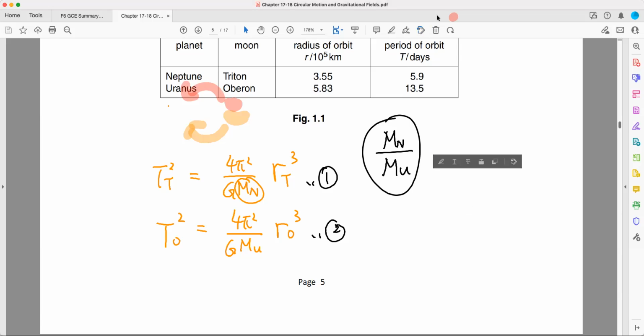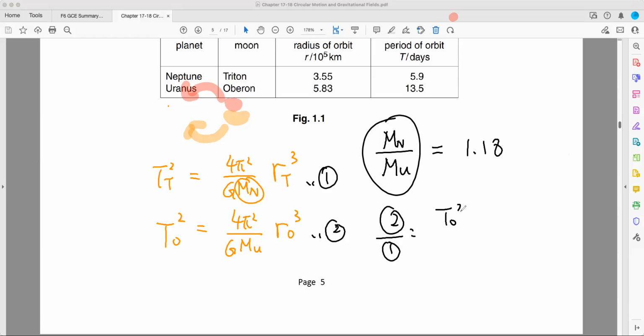Yeah, we can put that. So the G is 6.67 times.